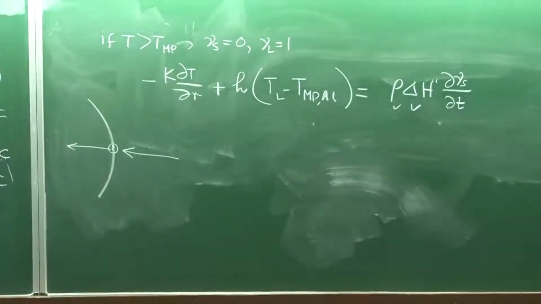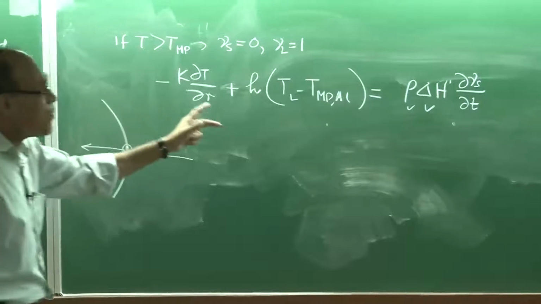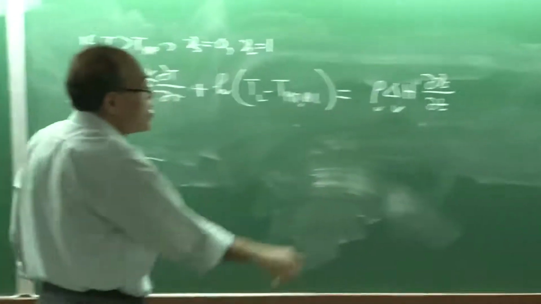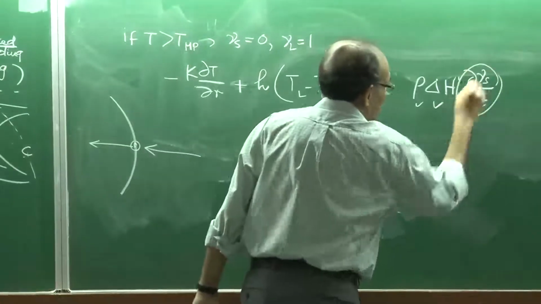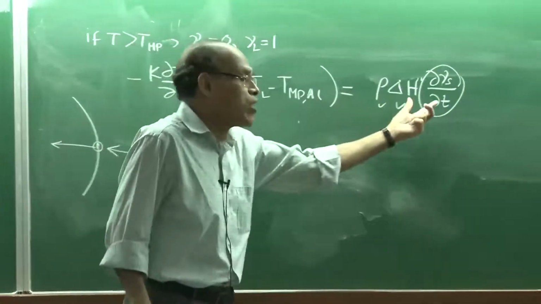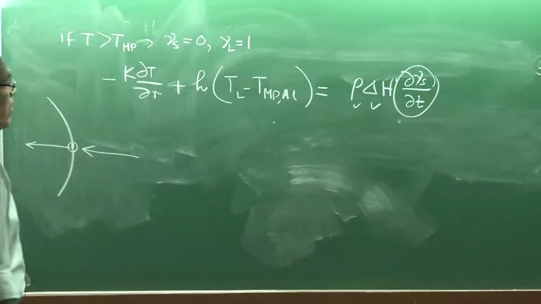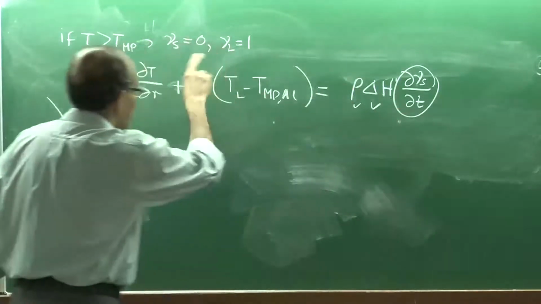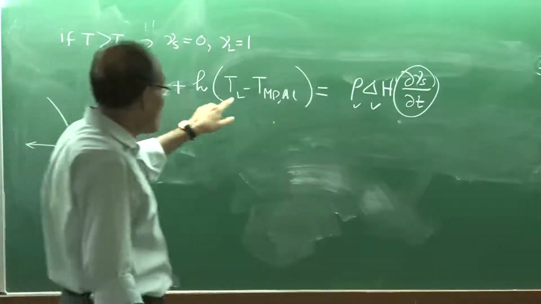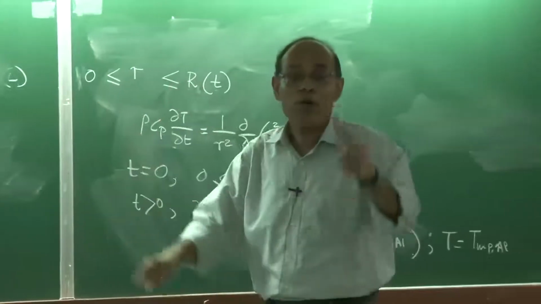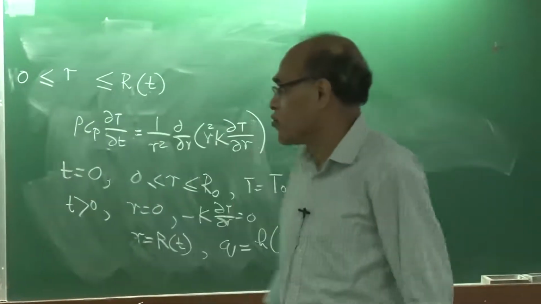So, once the temperature is known, we will know whether it is in the solid or the liquid phase. This is actually the rate of melting, the change of the solid fraction as a function of time. So, the rate of melting can be known once the temperature is known. When you club this equation with this equation, you have a framework with two equations and two unknowns.